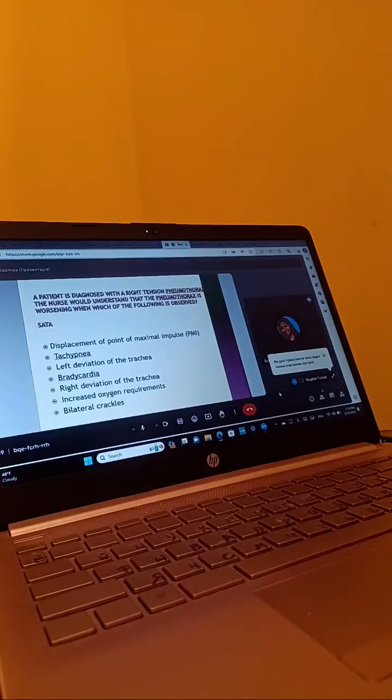Right tension pneumothorax means everything is being pushed from the right to the left.